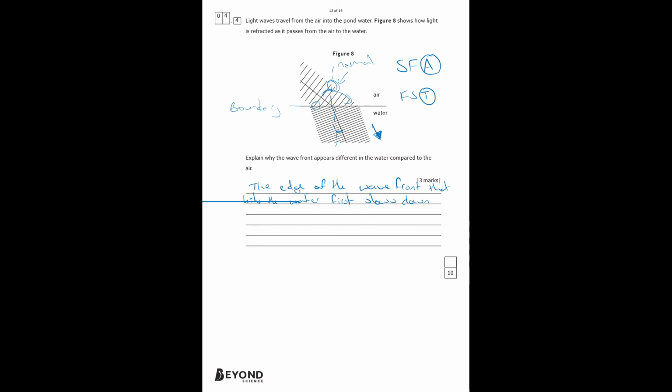The edge of the wavefront that hits the water first slows down while the other edge continues at the same speed.